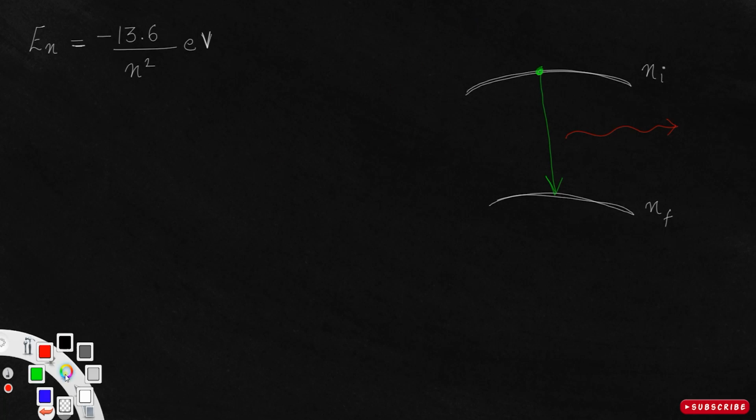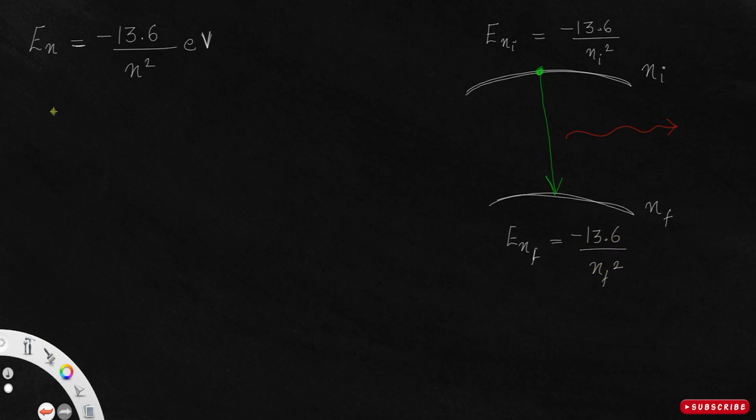The energy in the initial orbit is minus 13.6 divided by ni square from this equation, and the energy in the final orbit, nf stands for the final orbit and ni the initial orbit, is minus 13.6 divided by nf square. So the change in energy delta E is the initial energy minus the final energy.